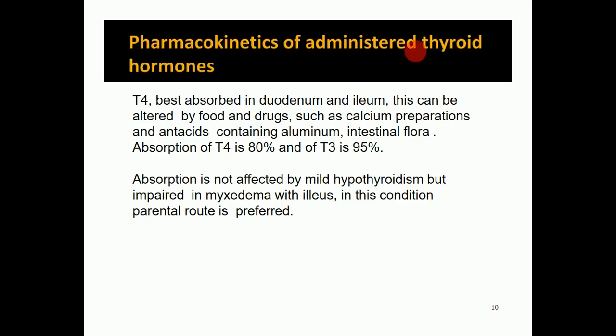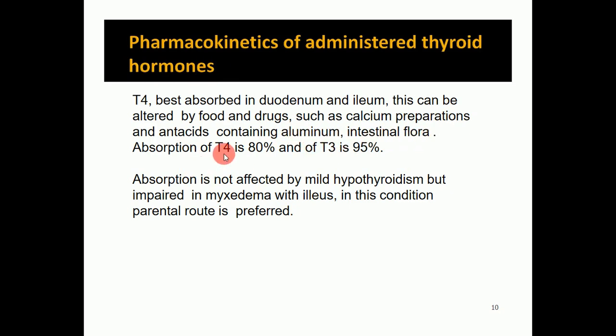In the pharmacokinetics of administered thyroid hormone, T4 is best absorbed in the duodenum and ileum, parts of the small intestine. Tetraiodothyronine is quickly absorbed there, and this can be altered by food and drugs such as calcium preparations and antacids containing aluminum, and by intestinal flora.